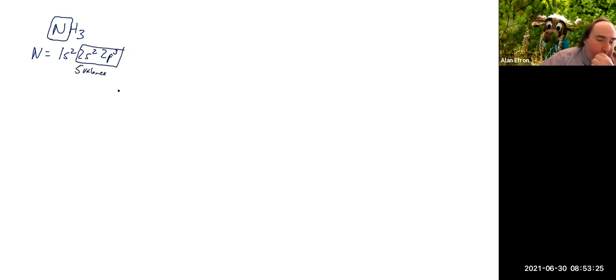Well, we're going to look at the central atom here, which is nitrogen, and its electron configuration. Nitrogen is 7, which is 1s2, 2s2, and 2p3. It has 5 valence electrons, right? So if we draw the Lewis structure for NH3, which we saw earlier, it looks something like this.